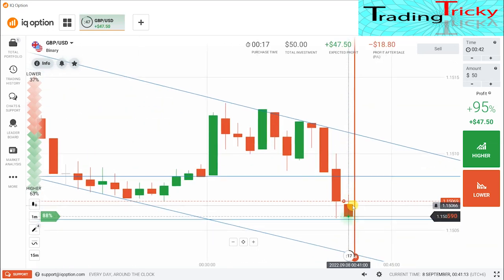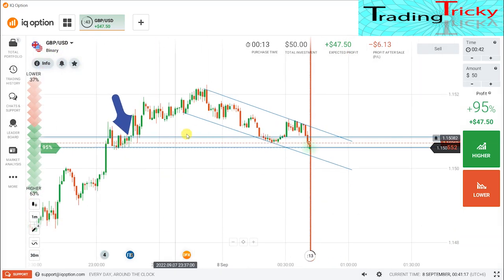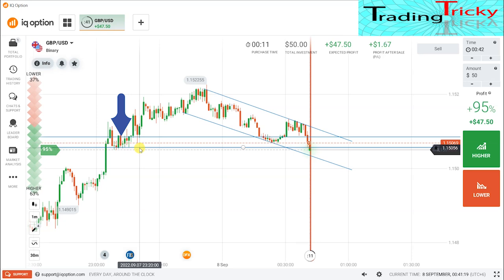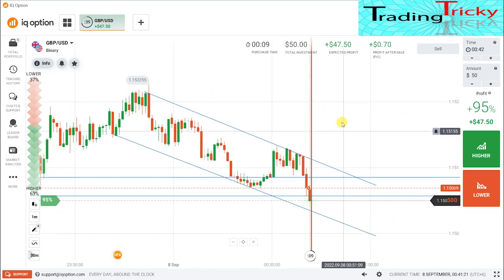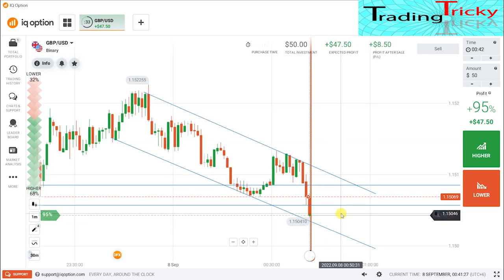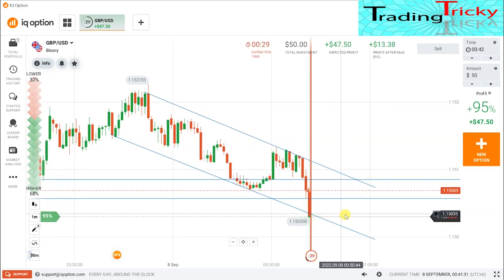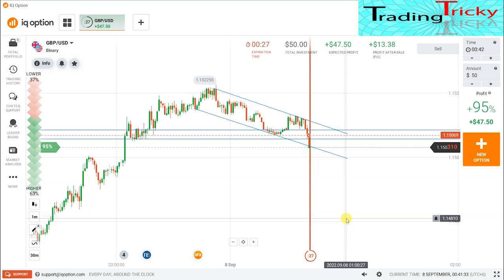This is a gap down, the market is going down, and this is a horizontal level and this is a trend line. So both levels are telling us that the market wants to go down, so therefore I placed a lower option here.